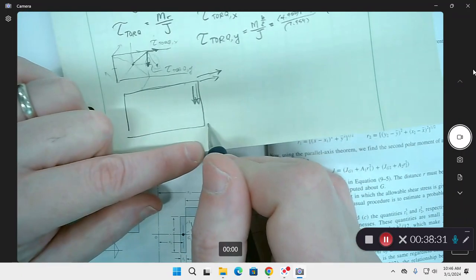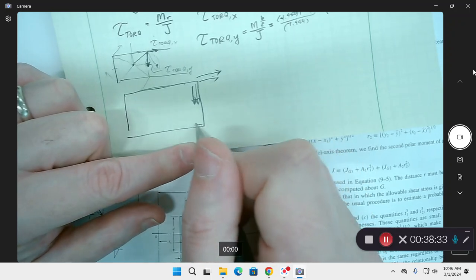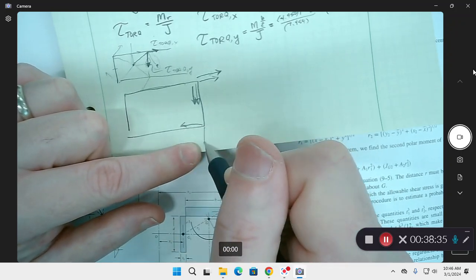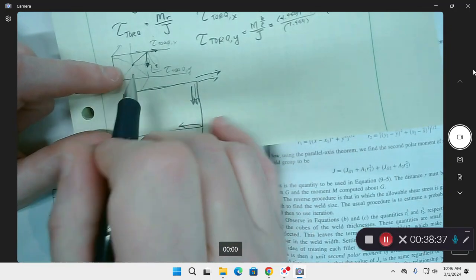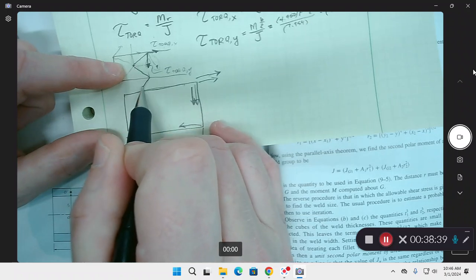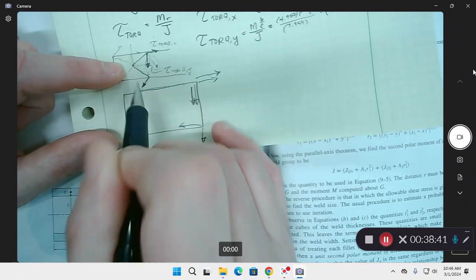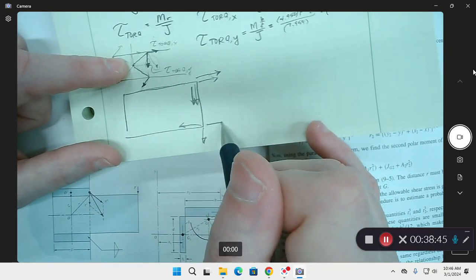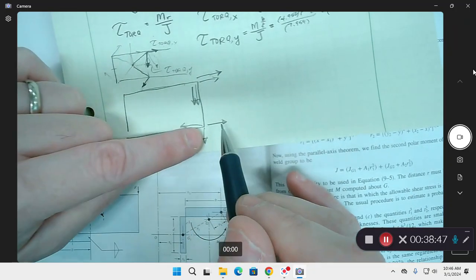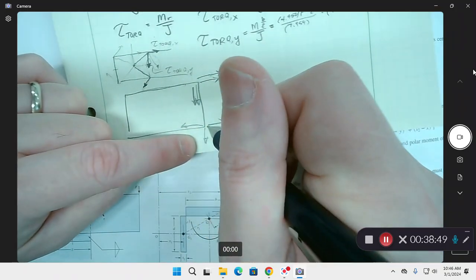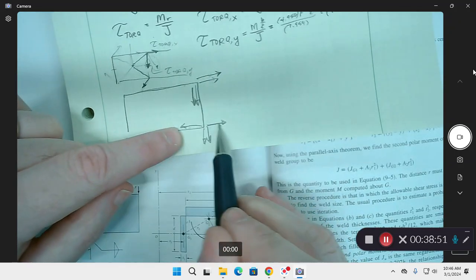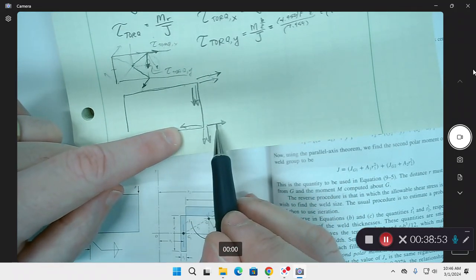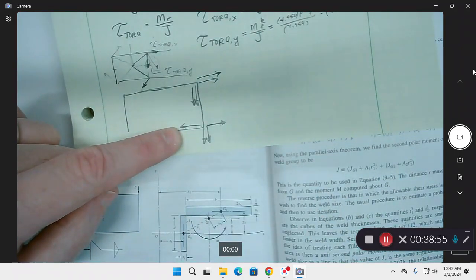Because down here, these are going to be the directions we would get because of that torsional one right there. But we would still have a component in that direction due to the tension, so part of that is going to cancel out when you get the total.